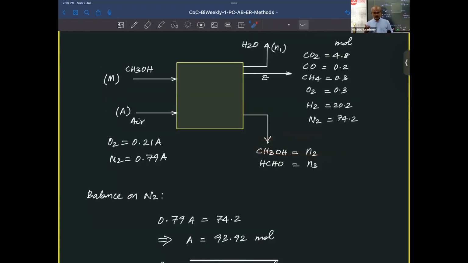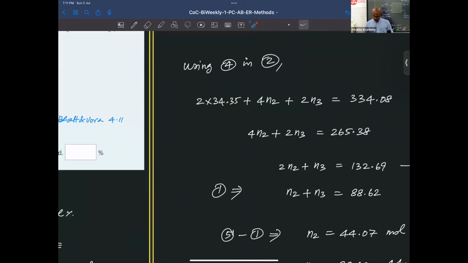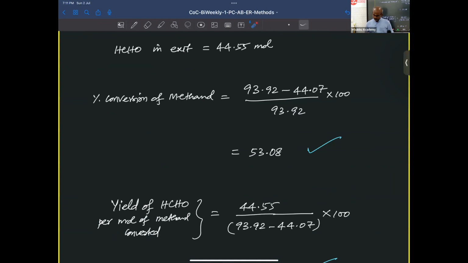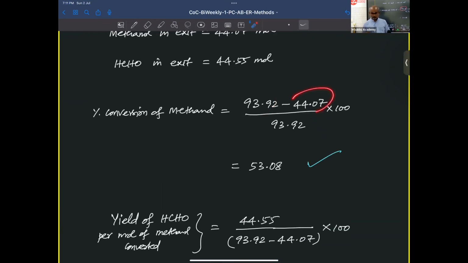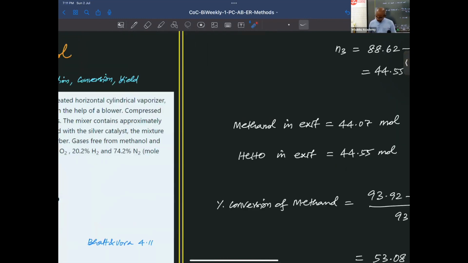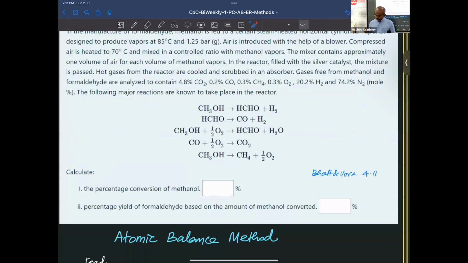So what is the conversion definition? Conversion is simply what is there in the feed minus what is there in the product. Otherwise, how much methanol is getting converted divided by how much methanol is entering. From that we get a conversion of 53.08%. Next, the yield. Yield is based on the amount of methanol converted.